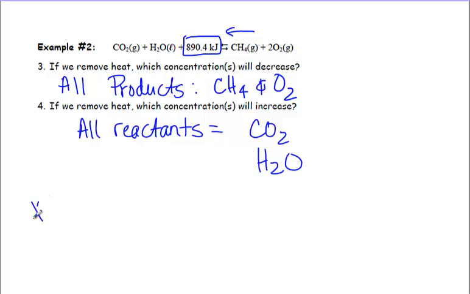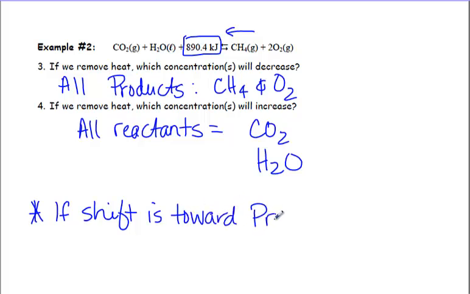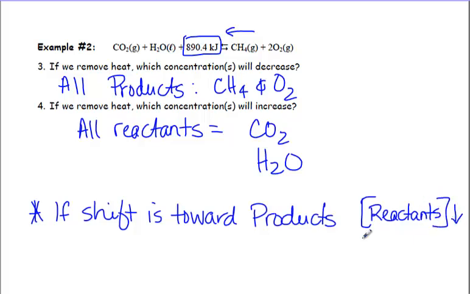Next, just to add this, all right, if the shift is toward products, this will help you remember this too, so add this, then the concentration of the reactants will decrease, and the concentration of the products, as you look at it as a forward reaction, will increase.